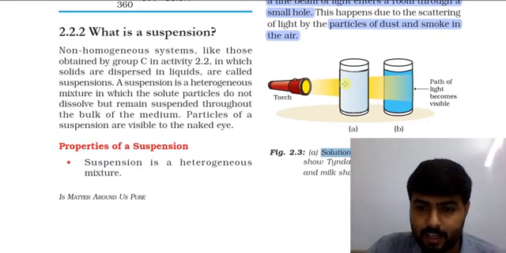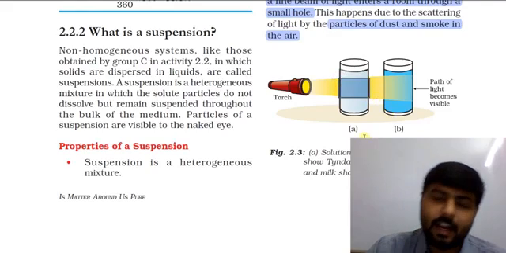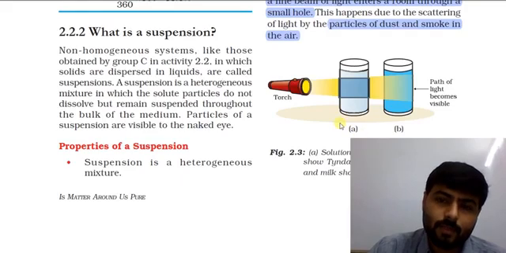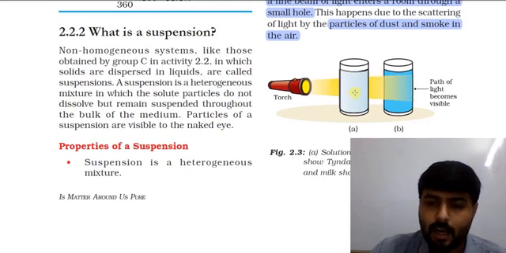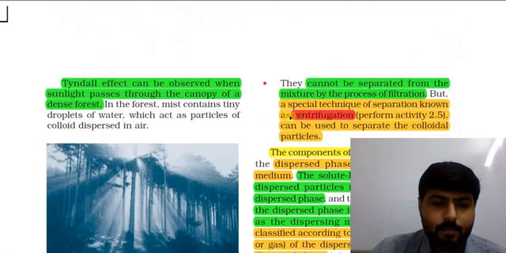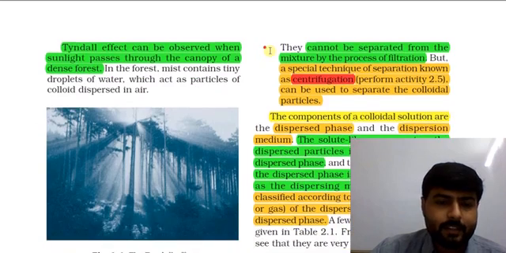Otherwise you can see the light path of the light rays here also. When water and salt are both in very pure form, you clearly cannot see the path of light. The Tyndall effect can be observed when sunlight passes through the canopy of dense forest.